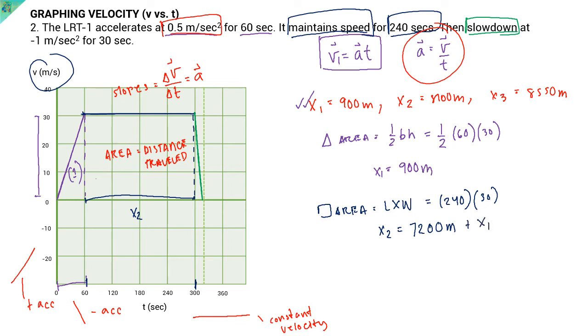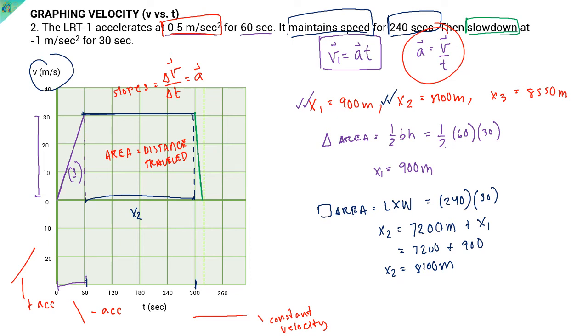So 7,200 plus 900. You have, of course, x2 is 8,100 meters. Okay, so that matches our second scenario here.